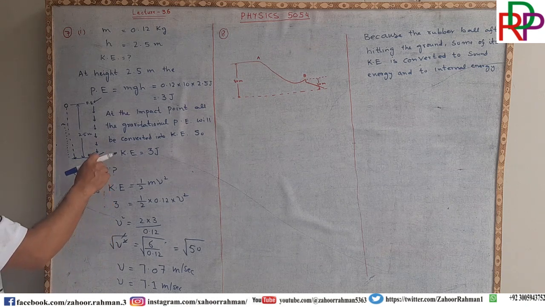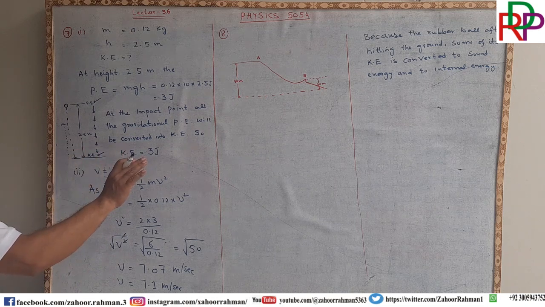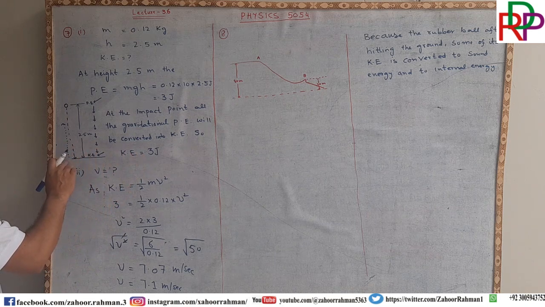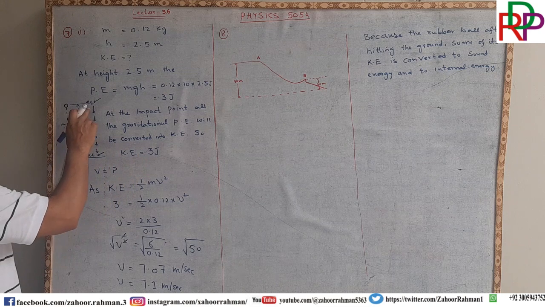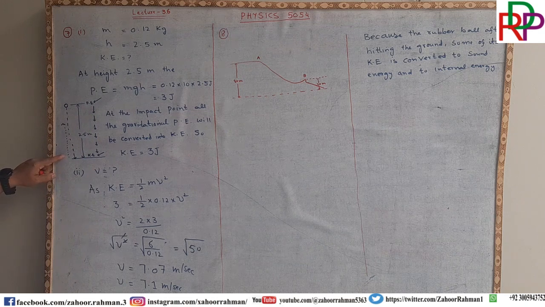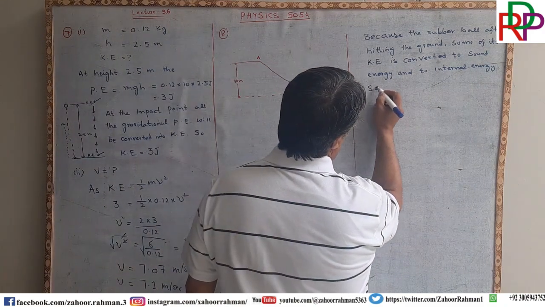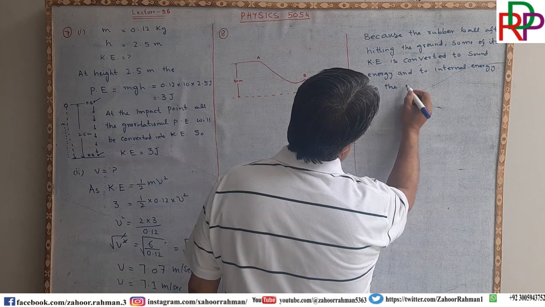So it means that some of its energy is lost. So the ball is not having that energy which it had at height 2.5. So this time the ball will rebound back to a height less than 2.5 meters.